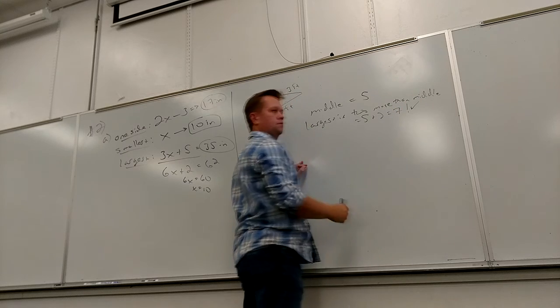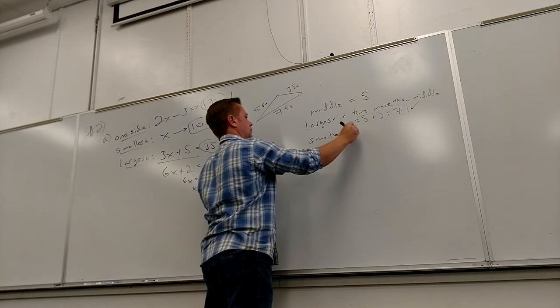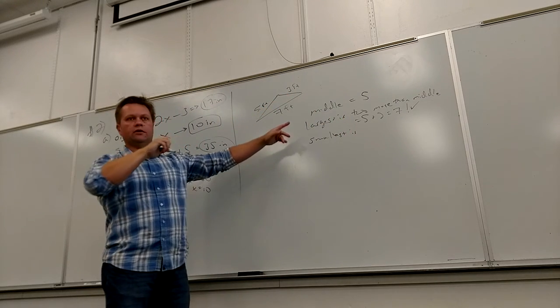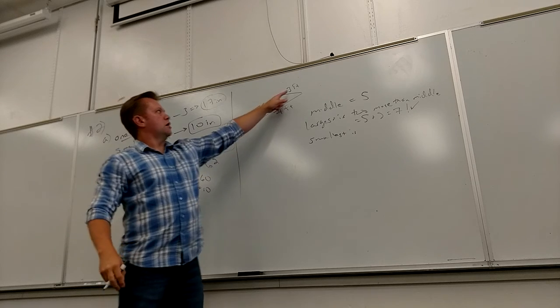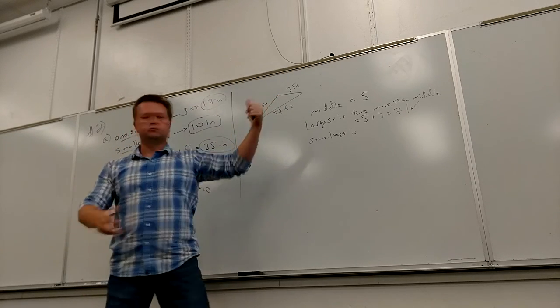Yay. And then the smallest is 4 times less than the large. Well, what are we basing everything on? Oh, the middle, sorry. Yeah. So the smallest is going to be 2 less than the middle.